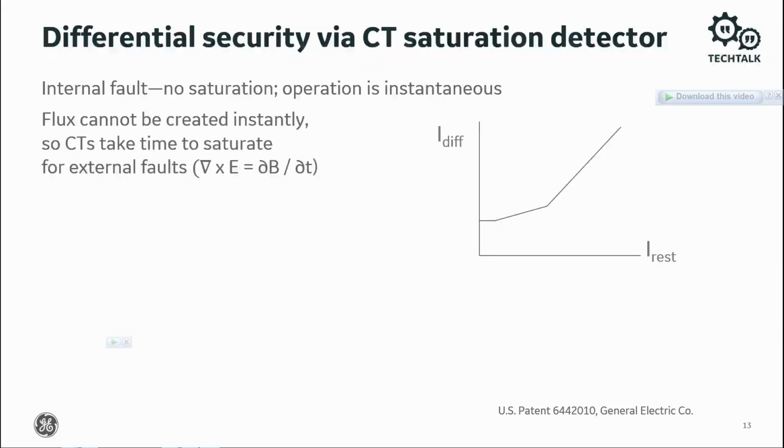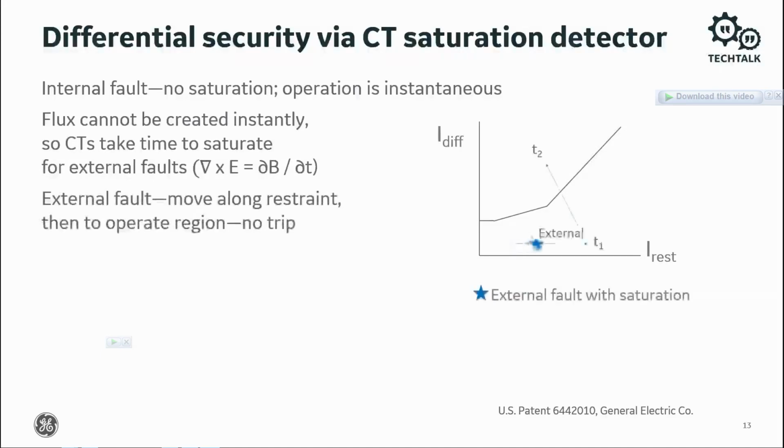With fast digital signal processing, modern relays can time the onset of CT saturation. We know that flux cannot be created instantly, and therefore CTs cannot saturate instantly. The electric field is a function of the magnetic field changing over time, as we see in this equation from engineering school.